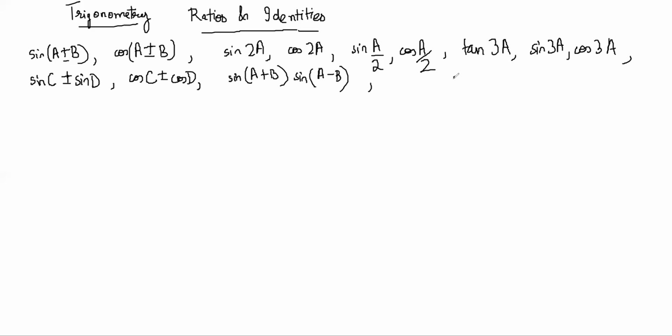We also saw sin theta sin(60 minus theta) sin(60 plus theta) is equal to 1 by 4 sin 3 theta. Similarly, for cos, the same result is valid, 1 by 4 cos 3 theta.